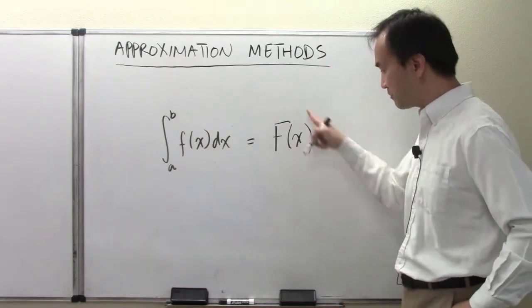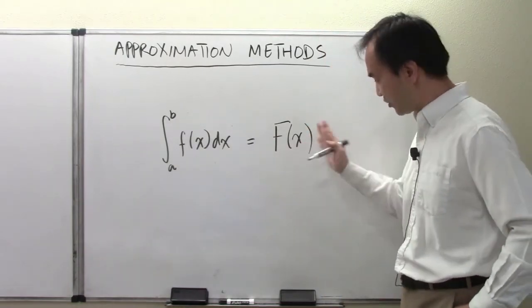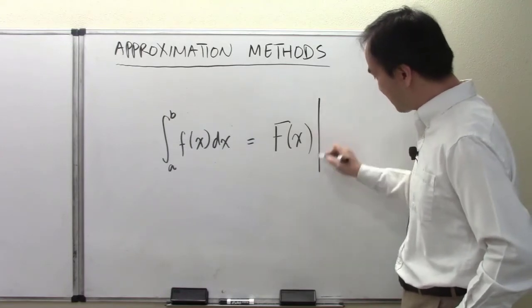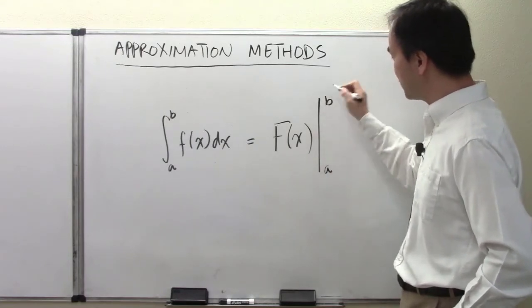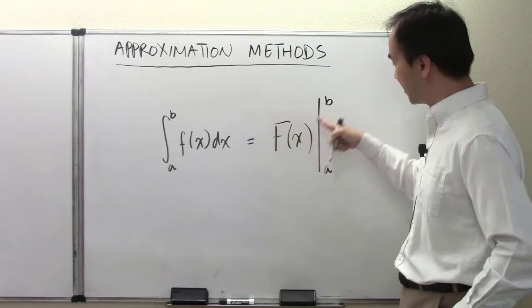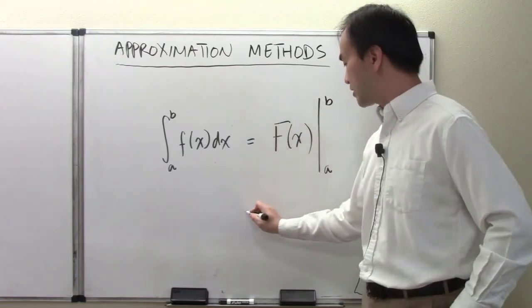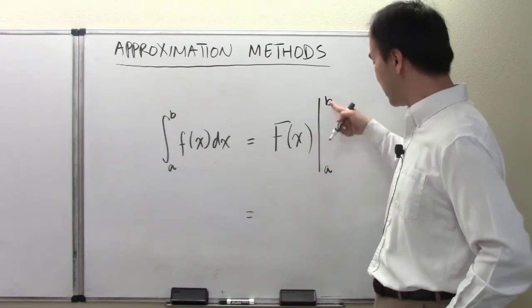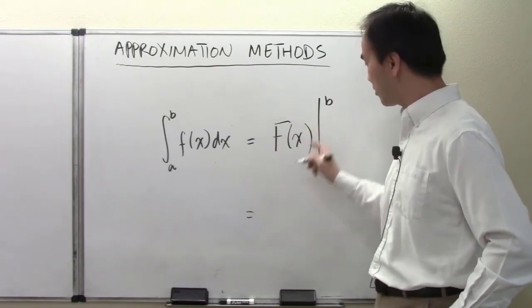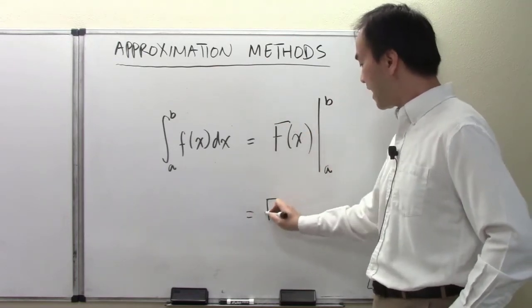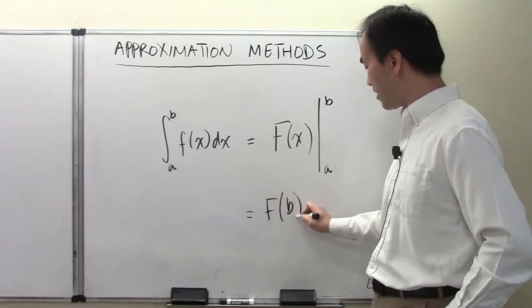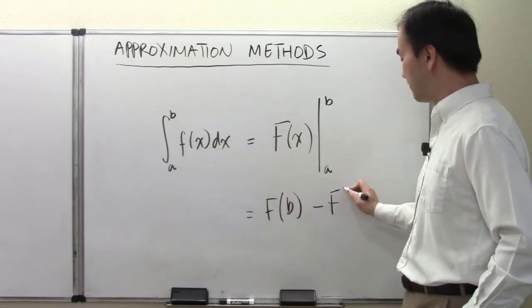Symbolically I write capital F of x, so that's just a brief reminder. Then we evaluate this antiderivative at the two integral limits, and after successfully evaluating it at the two values, we take the difference, capital F of b minus capital F of a.